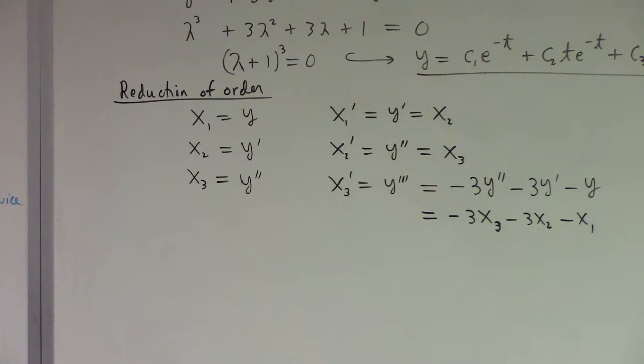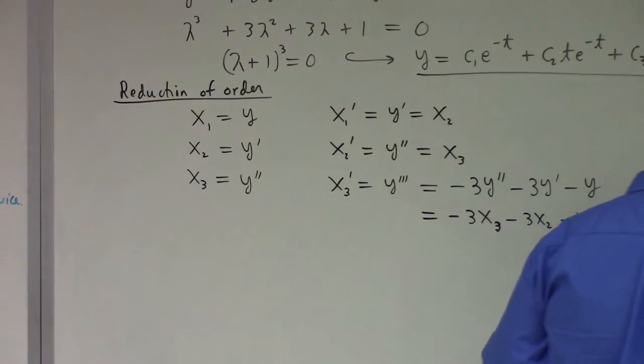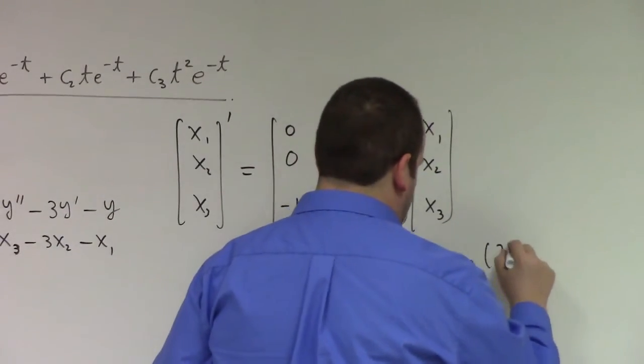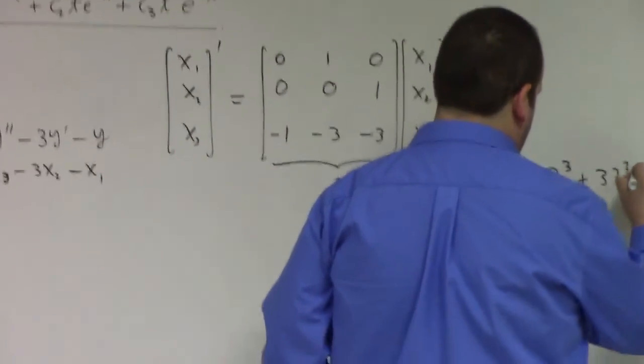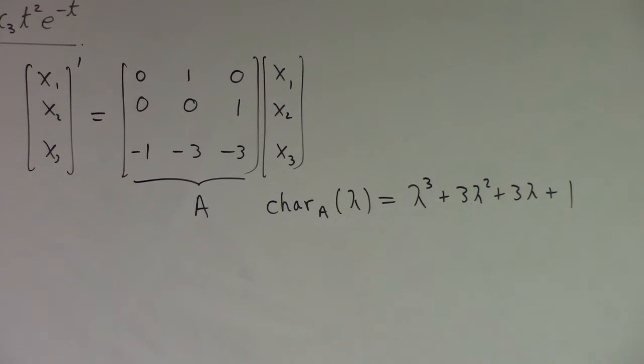So if the transpose of this is a companion matrix, we can, without calculation, tell what the characteristic polynomial is. If this is A, the characteristic polynomial of A as a function of lambda is going to be lambda cubed plus 3 lambda squared plus 3 lambda plus 1. You could work it out, but that is what it is.